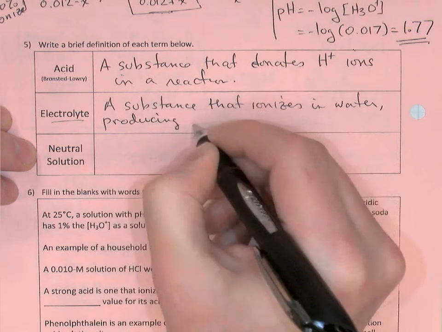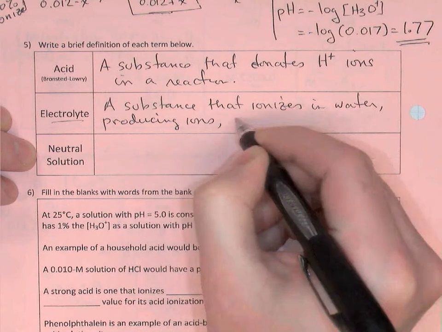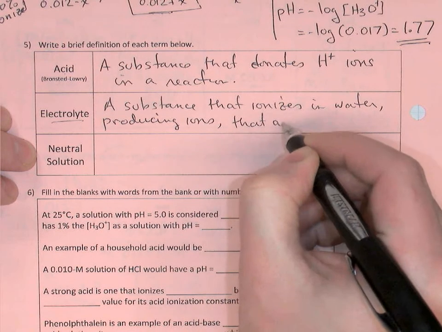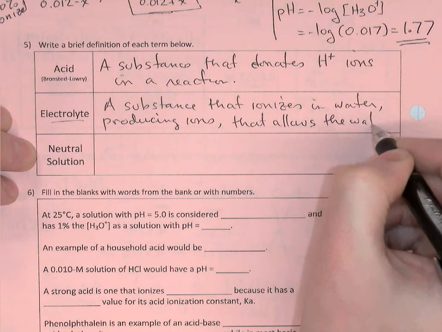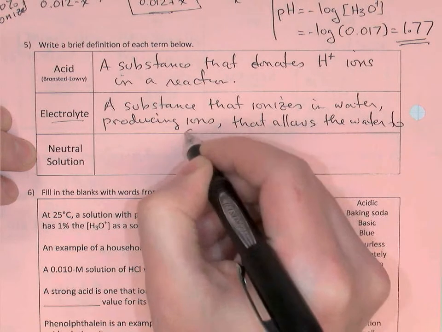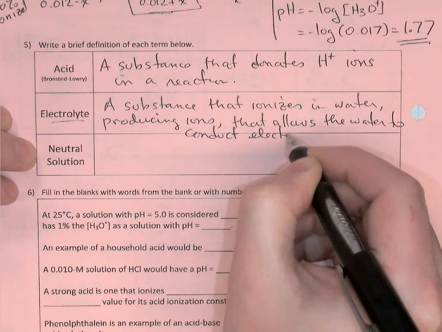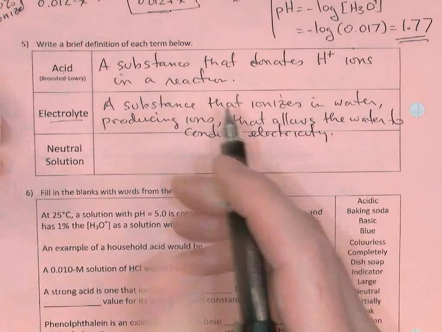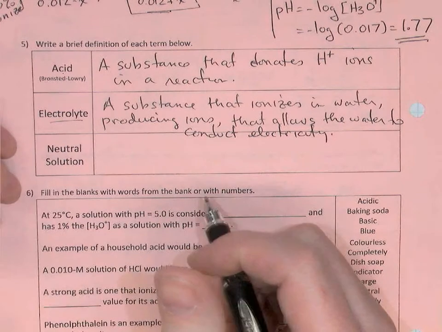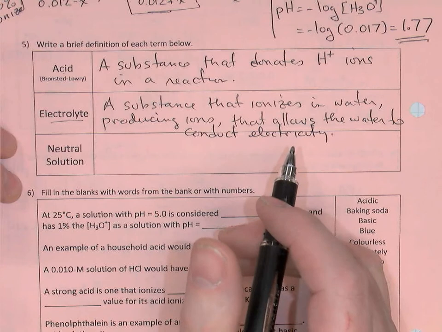That's what ionized means, so this is a little redundant. Producing ions that allow the water to conduct electricity. It's called an electrolyte because it produces ions in water. Those ions allow the water to conduct electricity.